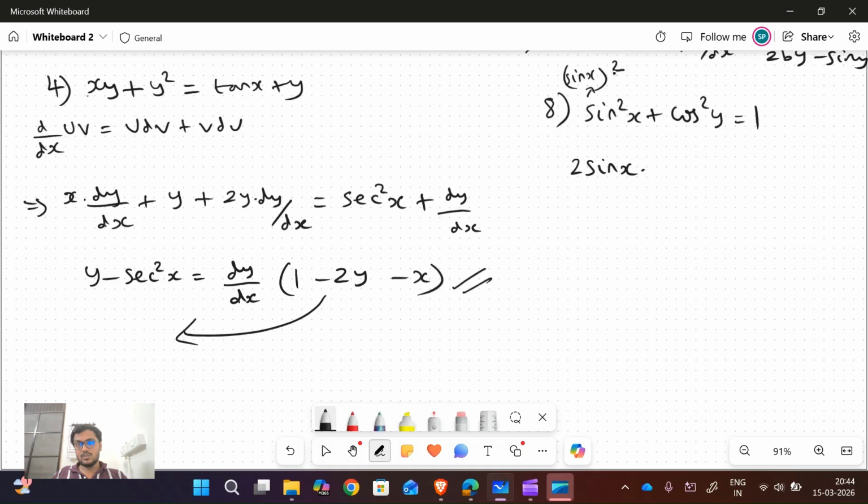So that differentiation is 2x. So 2 sin x. Now chain rule, again differentiate sin x, cos x. Understood? Similarly, you will get 2 cos y into cos y's differentiation, minus sin y. Again, y's differentiation is dy by dx. Understood? Equal to 0. You're basically generating dy by dx inside the equation itself.